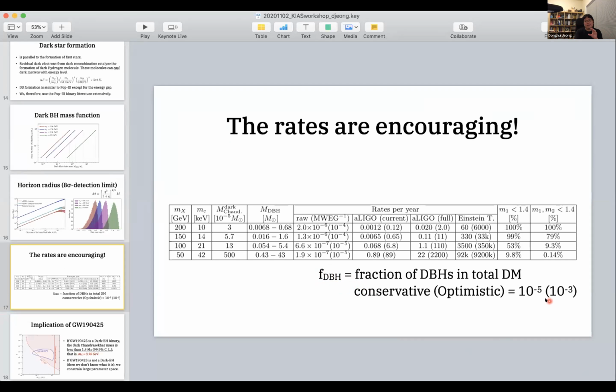Our fraction is very small, 10 to the negative 5 to 10 to the negative 3. So the stochastic gravitational waves may be produced, but it may not be too much because this fraction is so small. Only 0.1% to 10 to the negative 5 of dark matter forms black holes. We also estimated the expected Bondi accretion around these black holes, and the signal was quite small as well.